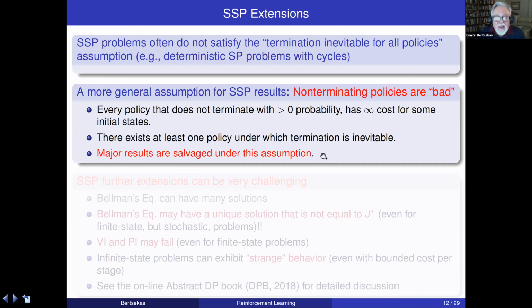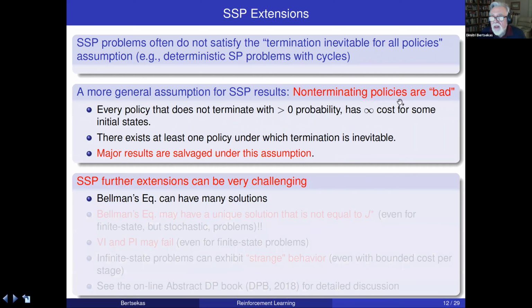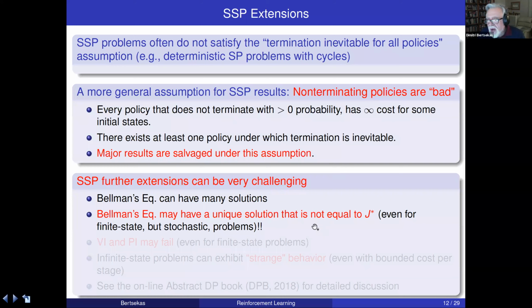On the other hand, if you try to go beyond this assumption here, things can get very hairy. Very unusual things can happen, and the theory is still evolving, particularly in its approximate versions. Okay, things that can happen. Bellman's equation can have many solutions, not just one, but many. Another one that's kind of mind-blowing, Bellman's equation may have a unique solution, but that solution is not equal to J star, okay?